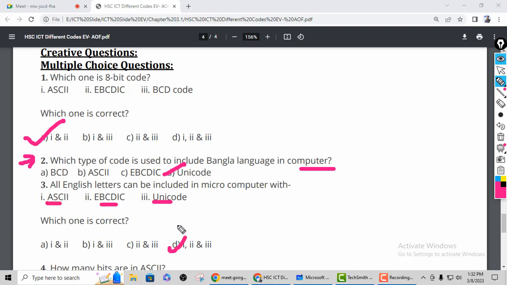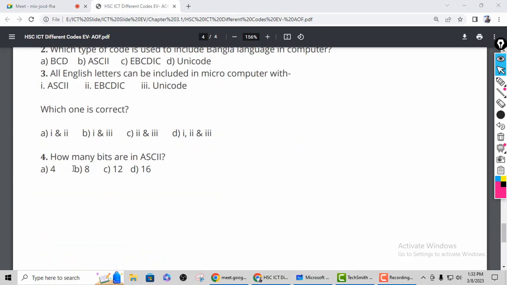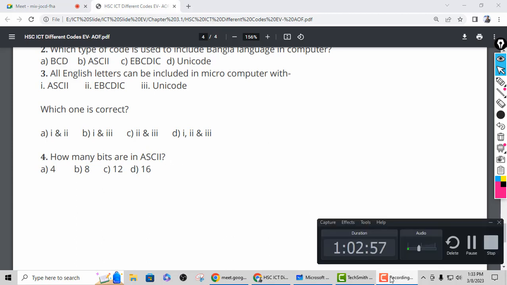These 3 are used for English letters. For other languages, Bangla, Urdu, Farsi, only Unicode is used. English is covered in all of the alphanumeric coding systems. The last one, how many bits are in ASCII? 8. Okay, this is the end of our today's session.